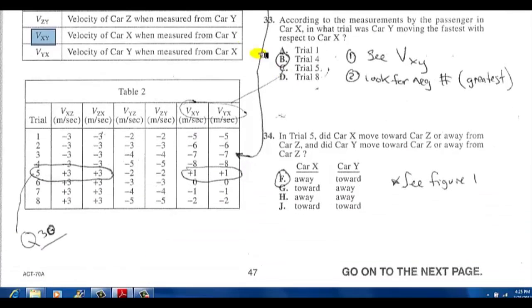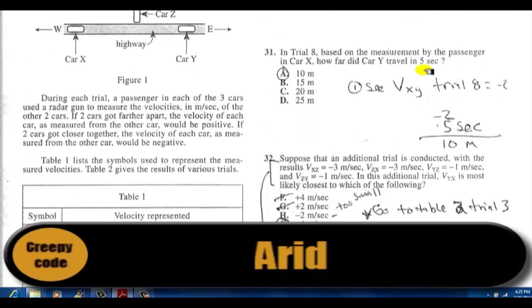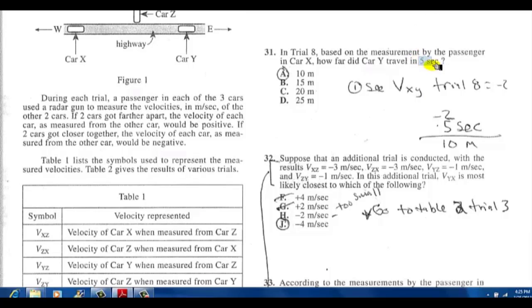Scroll down to table 2 here. Go into trial 8 here. Come across and find VXY. VXY is here in trial 8, and it looks like it is negative 2 meters per second. Come over here, and we want to know what happens in 5 seconds.